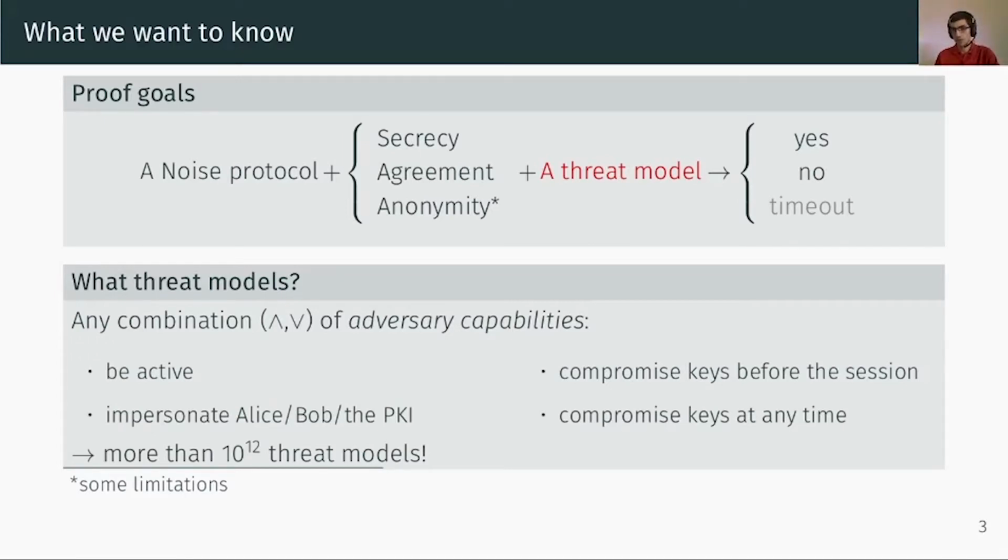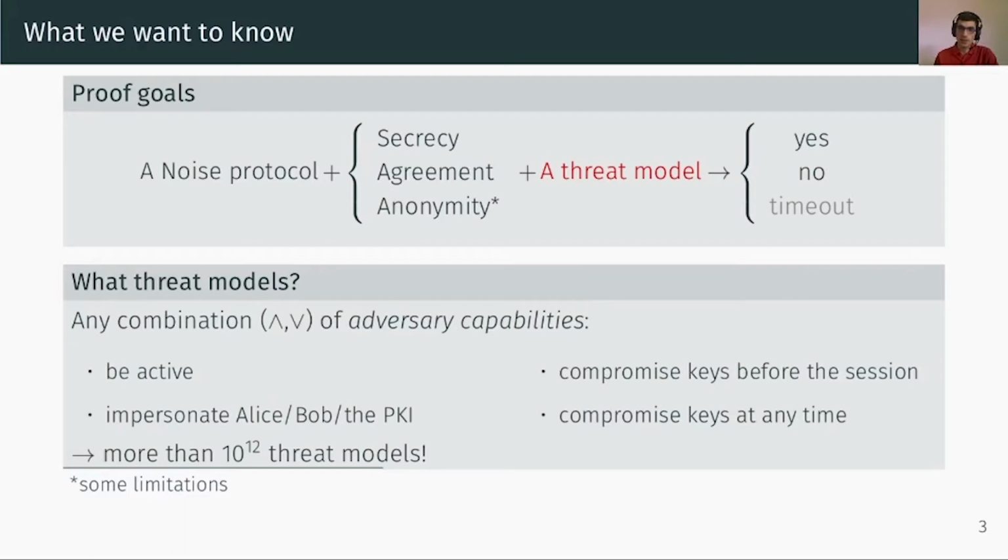This is what makes the framework expressive, but it also makes the number of threat models explode. For anonymity proofs, which are considerably more computationally expensive, we had to reduce this list to limit the combinatorial explosion. But for other properties, that is secrecy and agreement, this amounts to more than 10 to the 12 threat models.